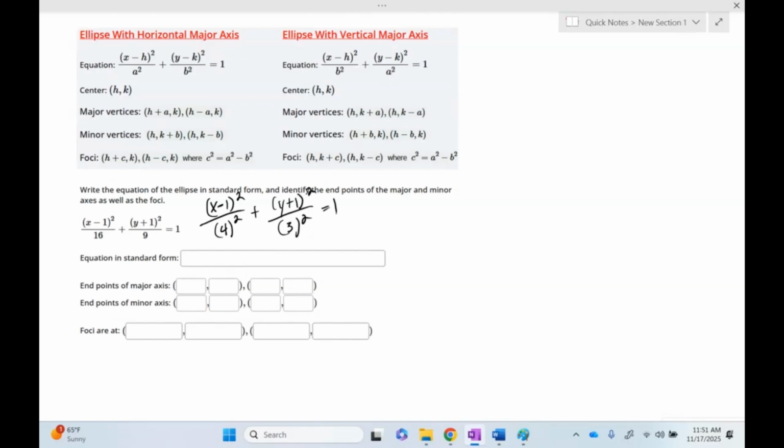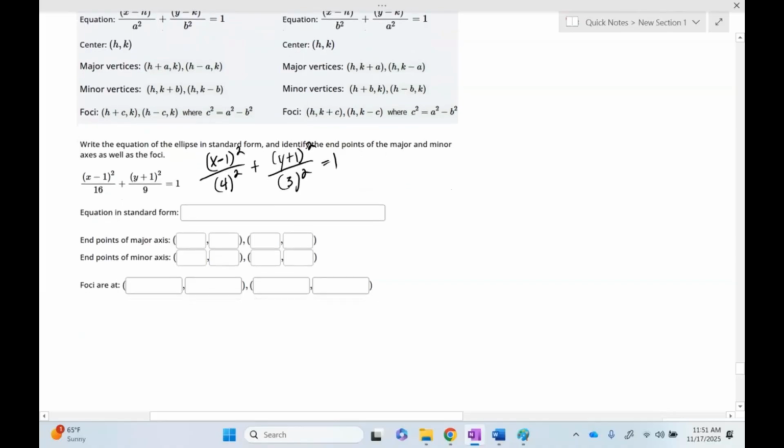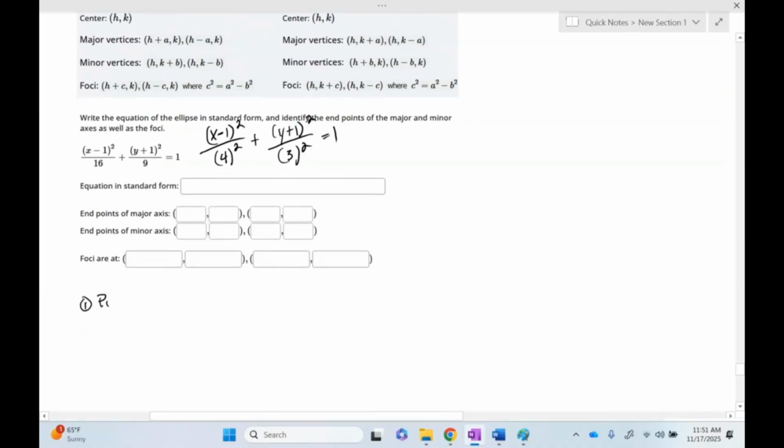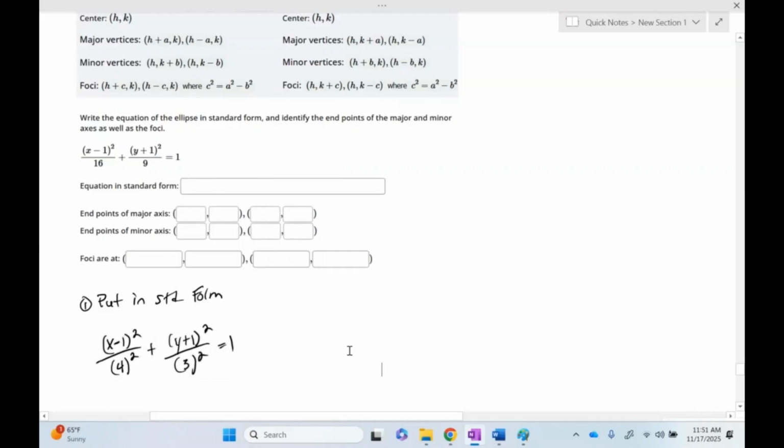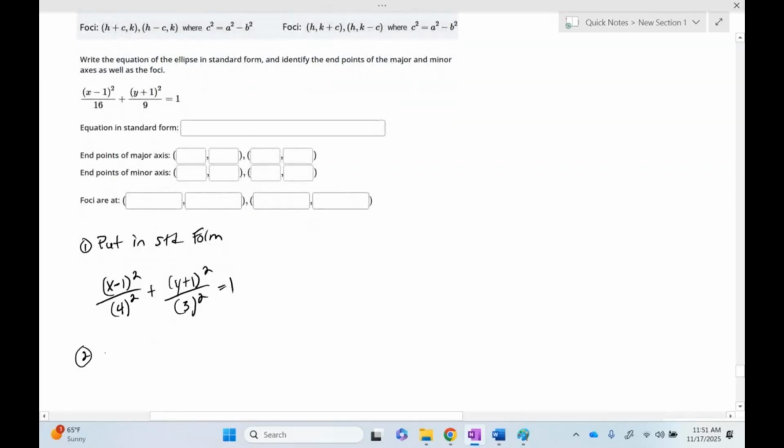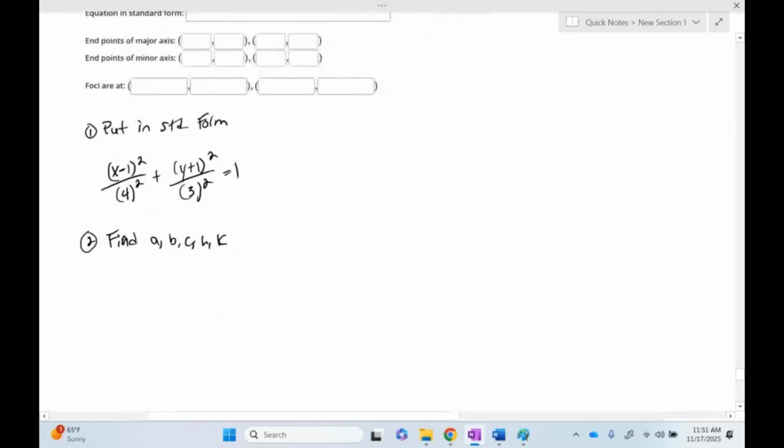Just like we did before, once we put it in standard form, the second thing we did was we found A, B, C, H, and K. So what does A equal?